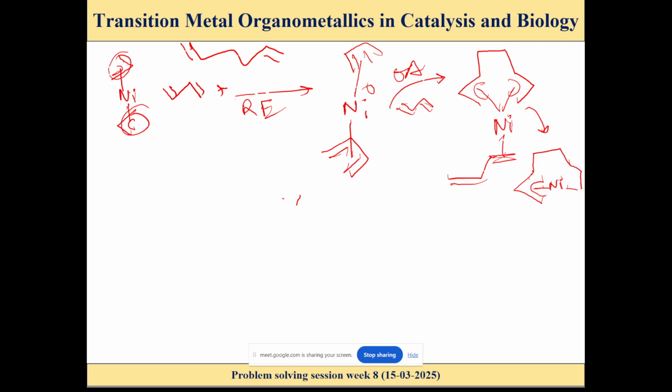So this is another intermediate for this. Now this will undergo another step to give the following complexes. We already said that this is the oxidative addition, that is the oxidation of nickel 0 to nickel 2.